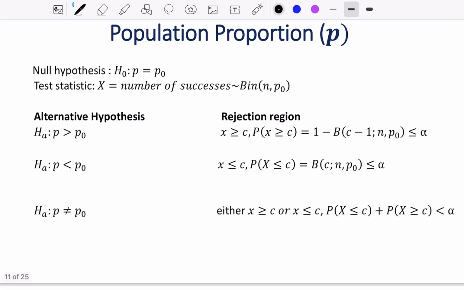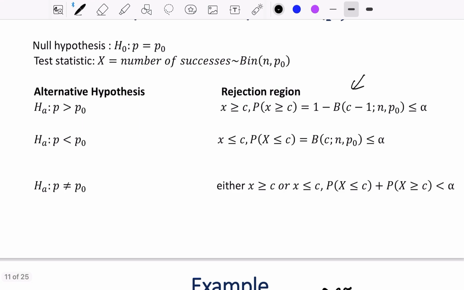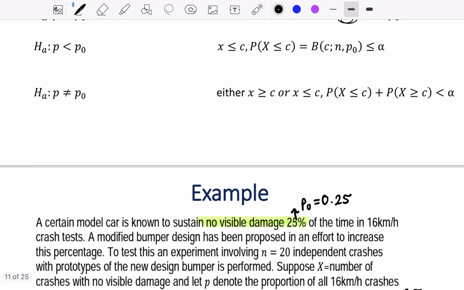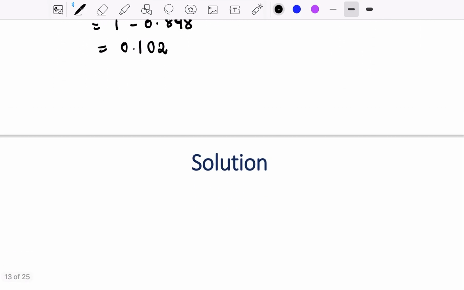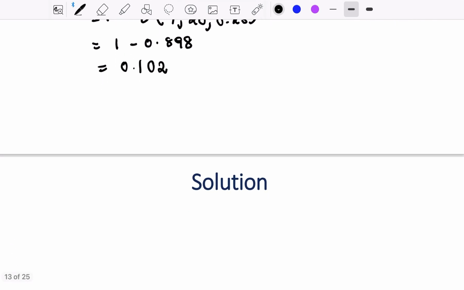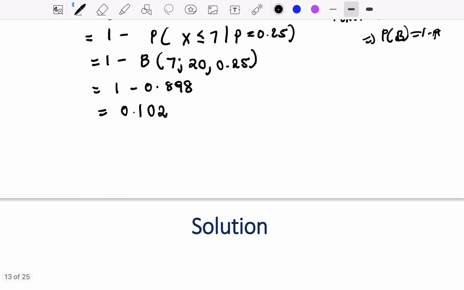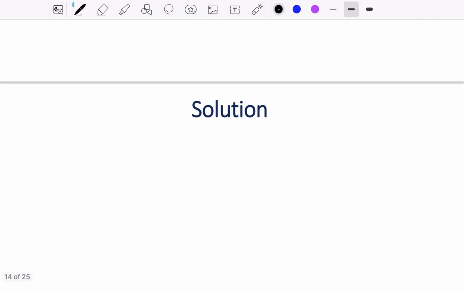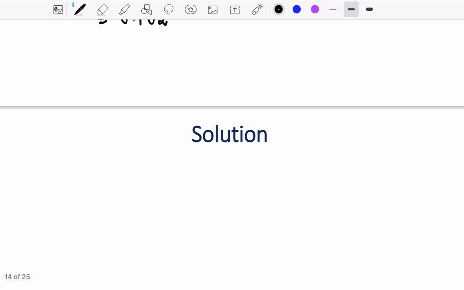So we have to choose this C value such that it's less or equal to alpha. In this case, since we calculated the alpha to be 0.102, we can maybe choose a significance level of 10%, but in a test, they will always be specific on what alpha you should use.